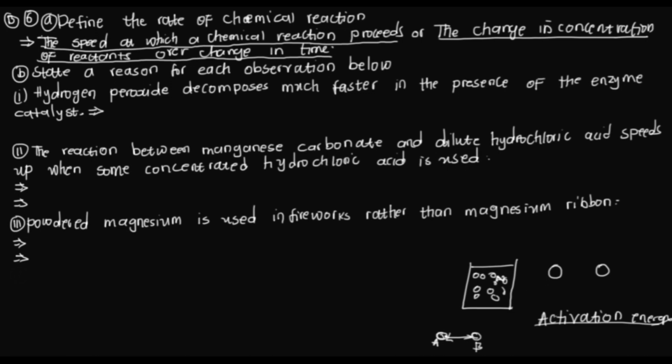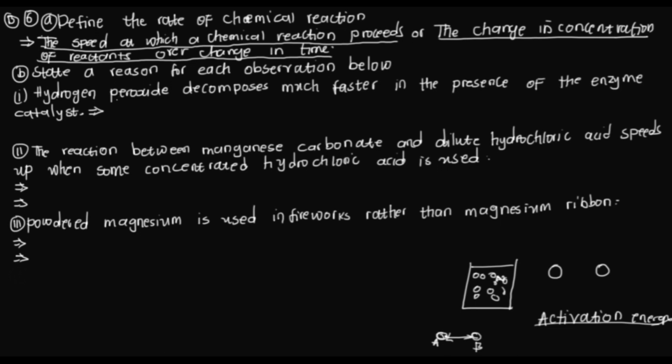So if this activation energy is not achieved, the reaction cannot take place. What the catalyst does is it only reduces the activation energy. So that is how a catalyst speeds up the chemical reaction, by reducing the activation energy needed for the reaction to take place.